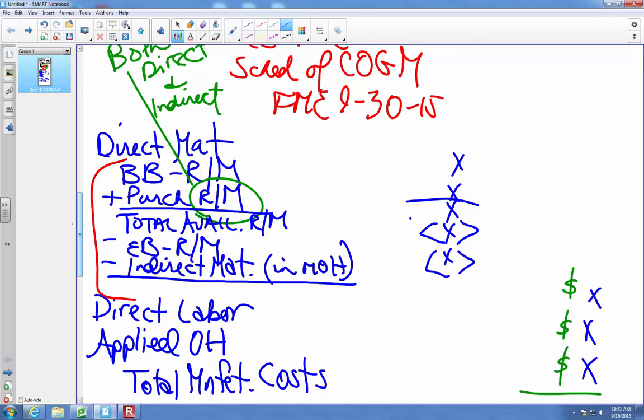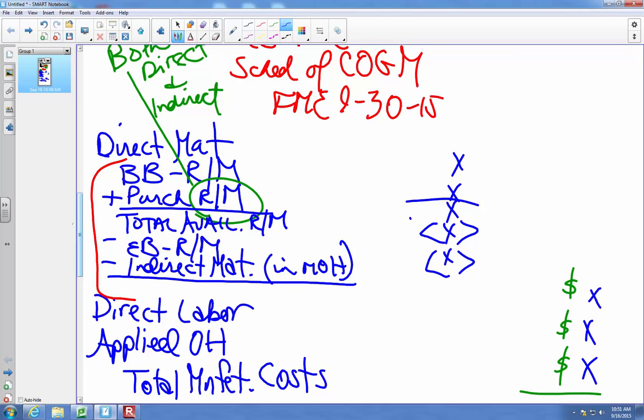And then a lot of you struggle with, well, where do I get the indirect materials number? So I go to my raw materials account, and I see a credit for 380, and I'm like, God, that feels like a lot. So I go read the description for B. And it says direct materials, and it splits it for us. So minus 20,000 of indirect materials.